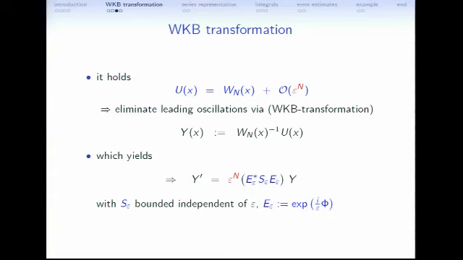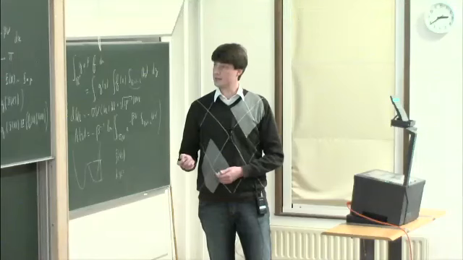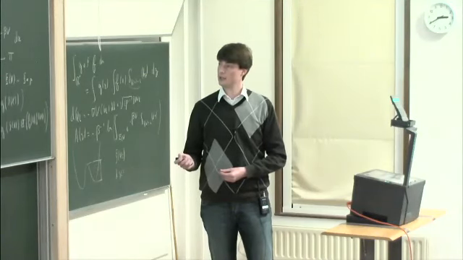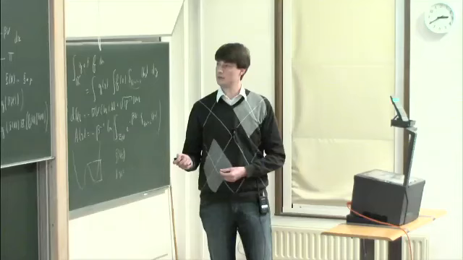And how is this done? Well, we introduce a new quantity y, which is the matrix inverse of this w times u. And then if you carry out the first derivative, plug it in, and use the properties of w, you find that this new quantity y now fulfills a differential equation with a system matrix which is of order epsilon to the n.